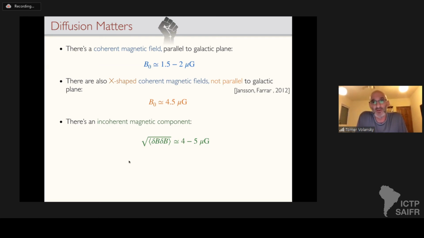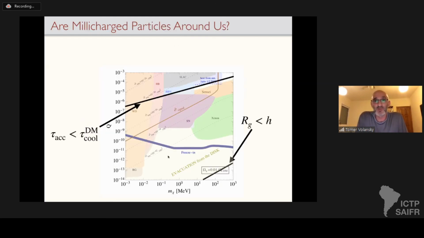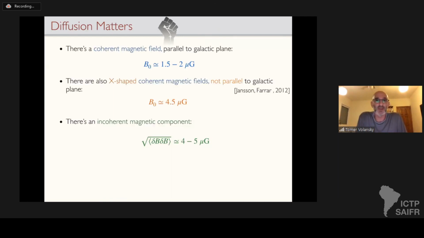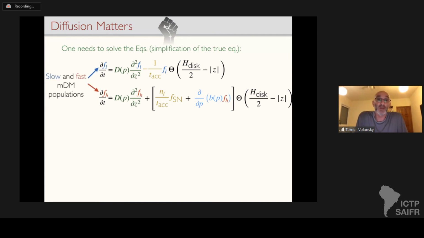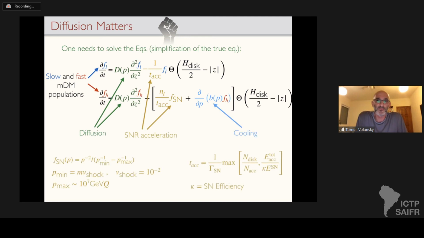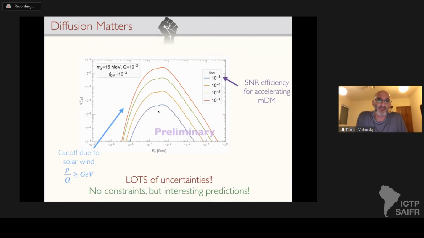These constraints just don't exist, because dark matter can penetrate: you can diffuse into the galactic plane, despite the coherent magnetic fields. And so the spectrum that you get around the sun is the thing I was showing before. Let me show you. Yeah, this is it. So that was the spectrum.